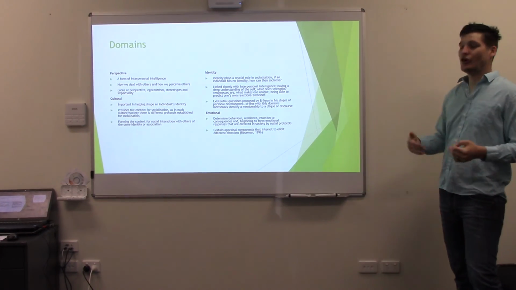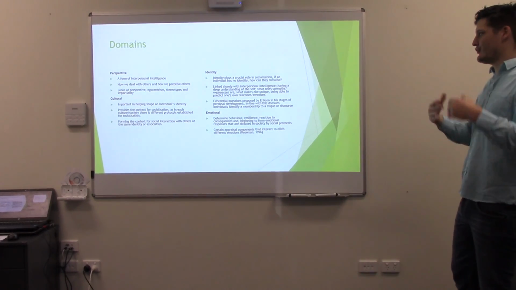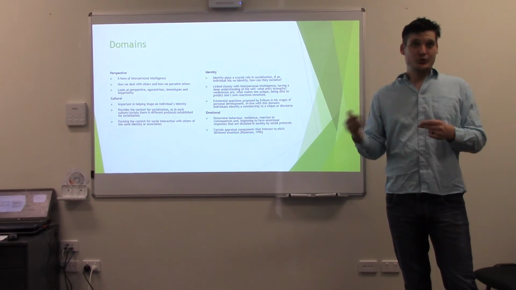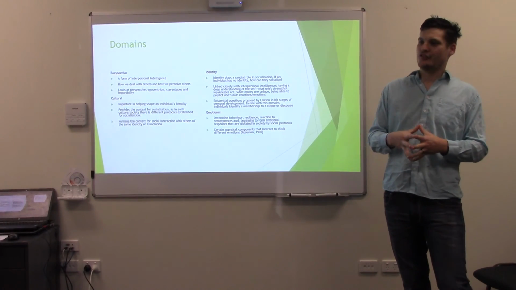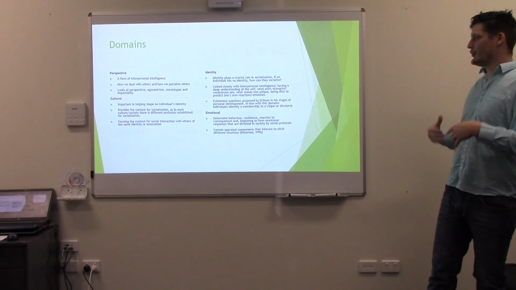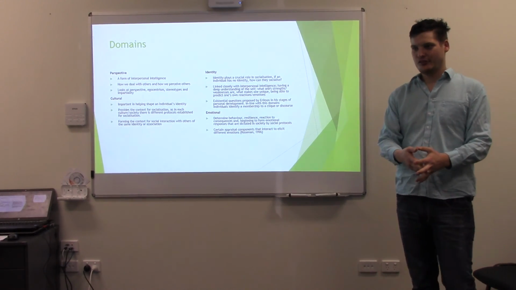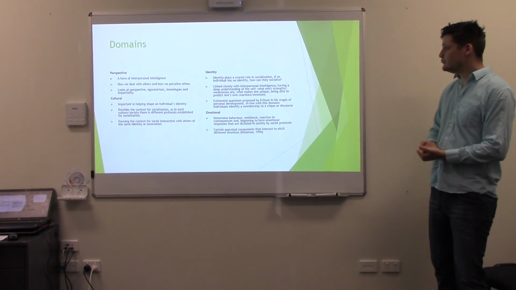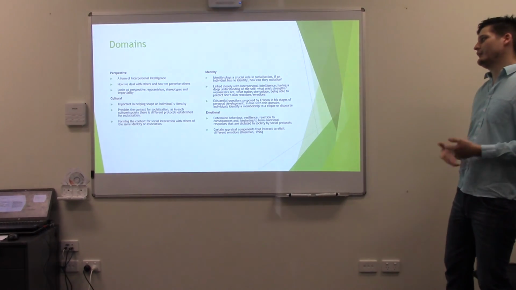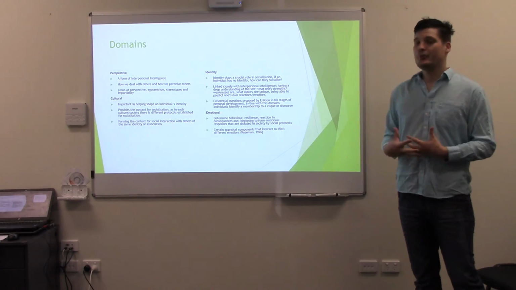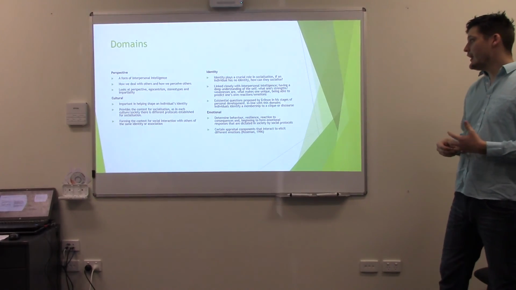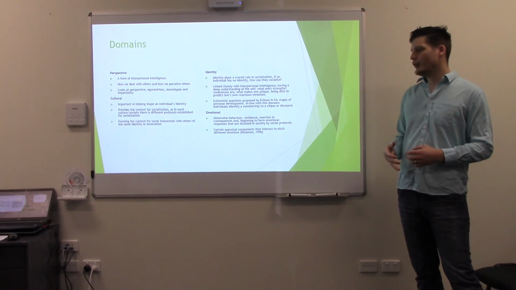Identity. This plays a crucial role in our socialisation because when we're looking at this, we propose this existential question: if we don't know who we are, how can we socialise with others? What we saw is it links really closely with the interpersonal intelligence people have, and having a deep understanding of self.